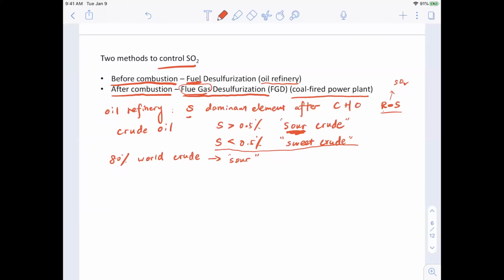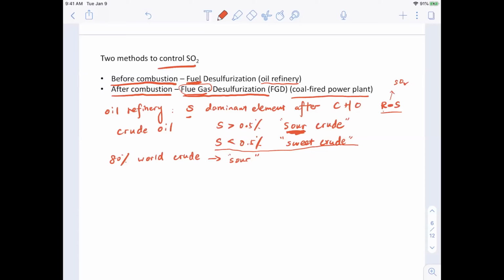But if you think more carefully, let's say we try to deal with the sulfur dioxide control by the customers, right, after the combustion. What that means is we have to add devices to our engine emission systems, right? We already know that we need to do an engine check pretty much every year or every 2 years, right? That's already quite complicated enough.